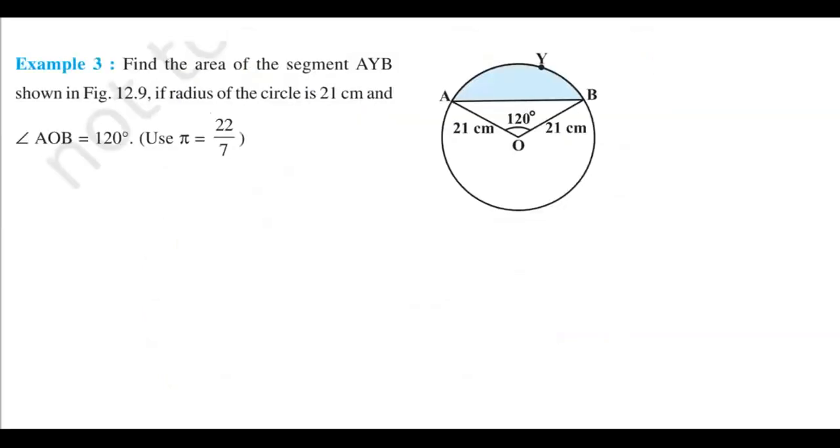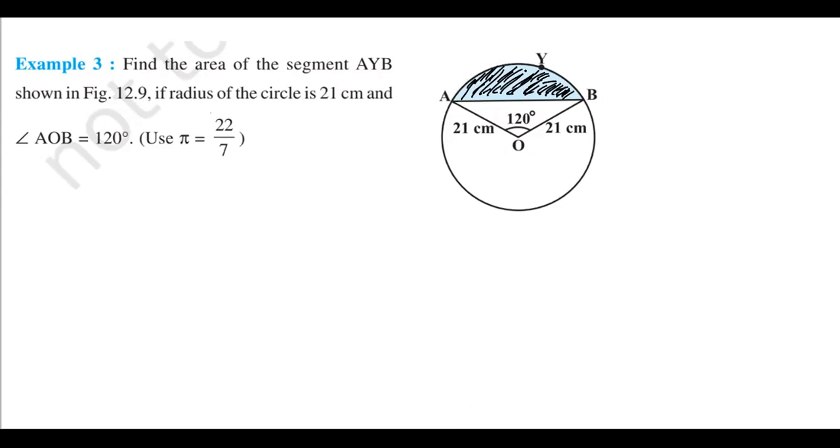It is being given to us the area of a segment AYB shown in the figure, if the radius of the circle is 21 centimeter. You need to find out the area of this segment, this region. So let's derive the formula for this one.